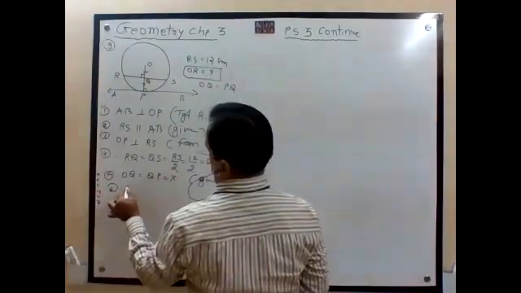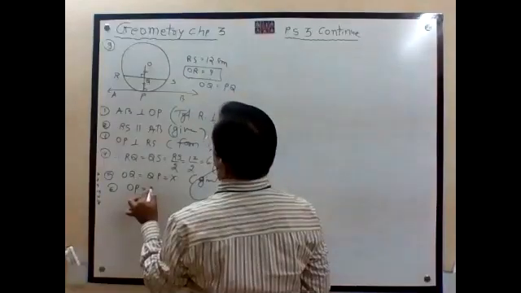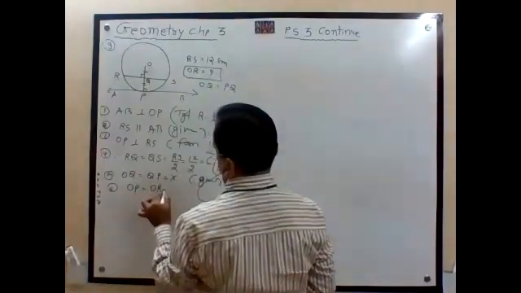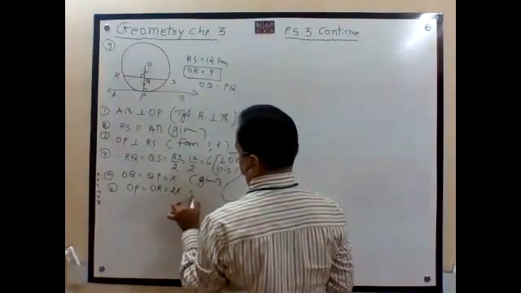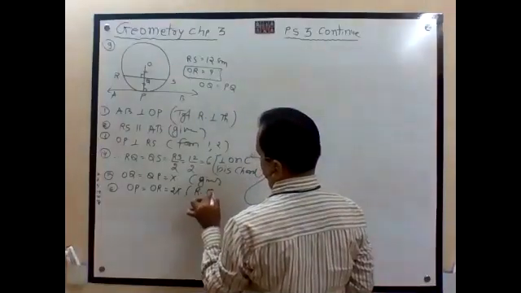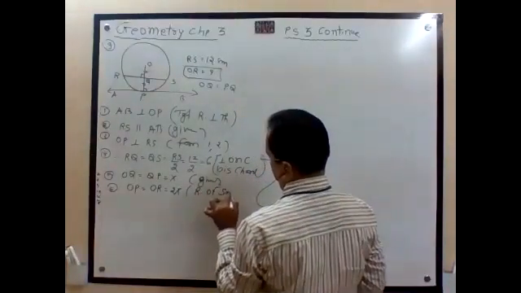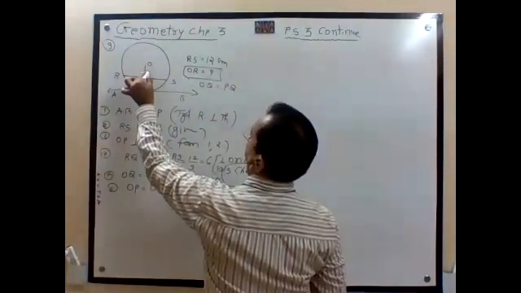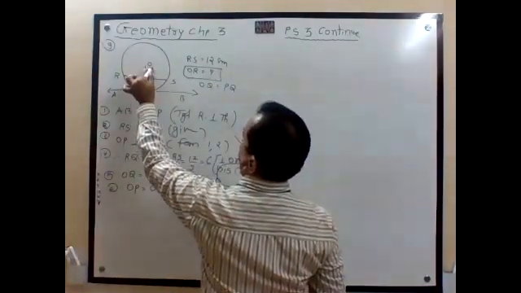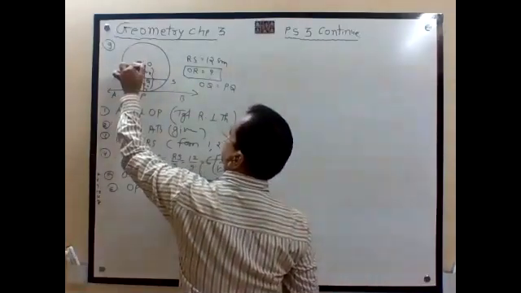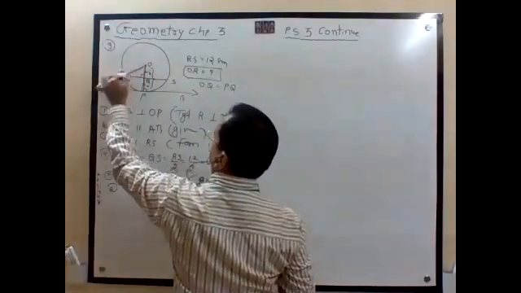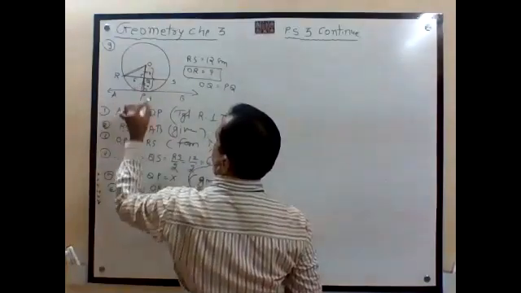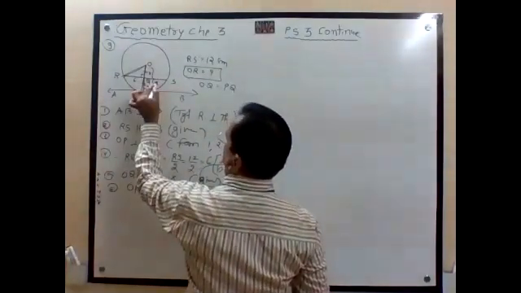OP is equal to OR is equal to 2X, radii. If this is X, so this is 2X, so this is also 2X, correct? This is 6, because total is 12, so 6.